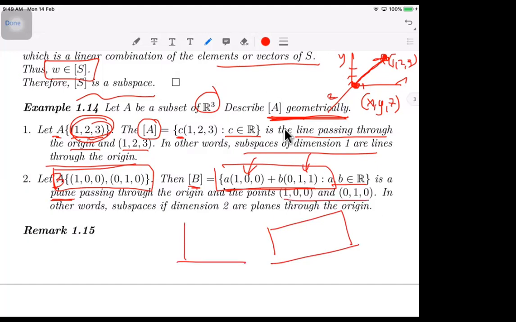I will not draw it, as long as it is there. In other words, subspaces of dimension 2 are planes through the origin.